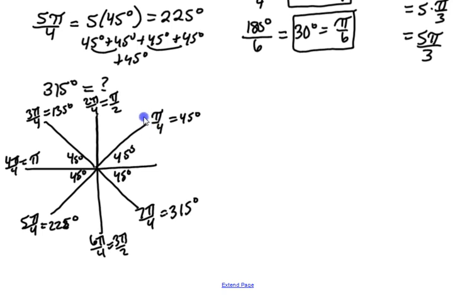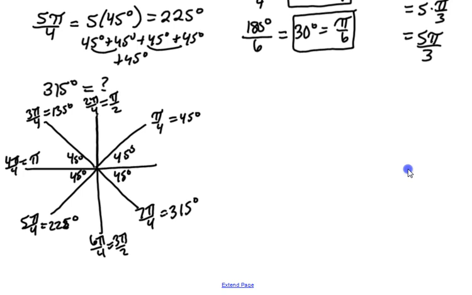And notice the even ones reduce down to a different fraction or a whole number. So it's all the odd pi over 4s: 1 pi over 4, 3 pi over 4, 5 pi over 4, 7 pi over 4. So 315 is 7 pi over 4.